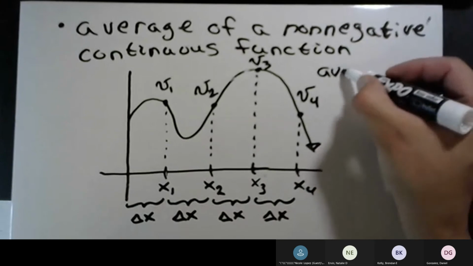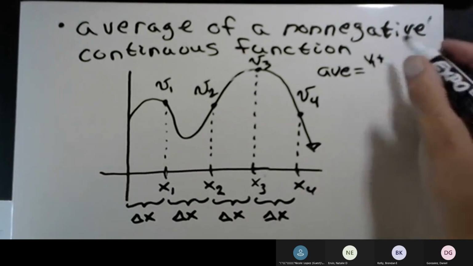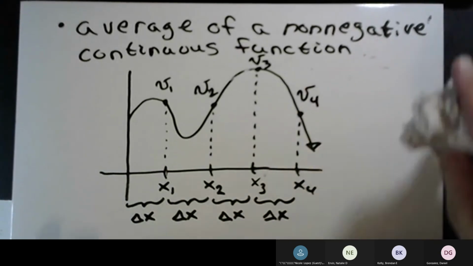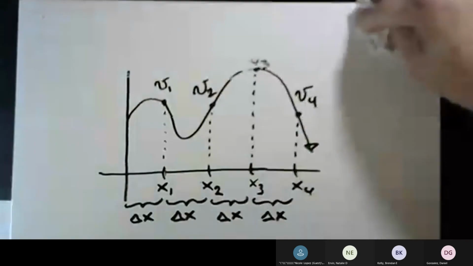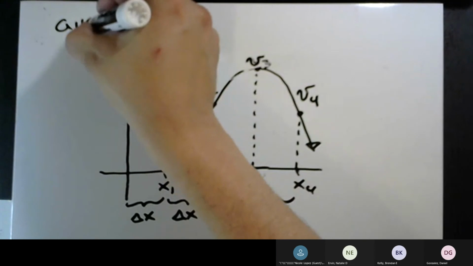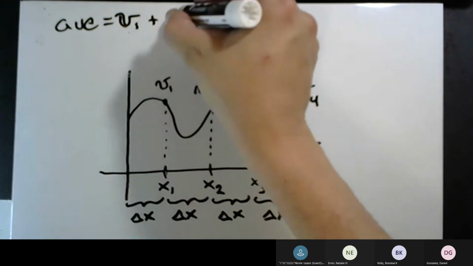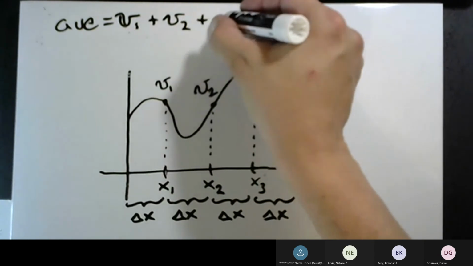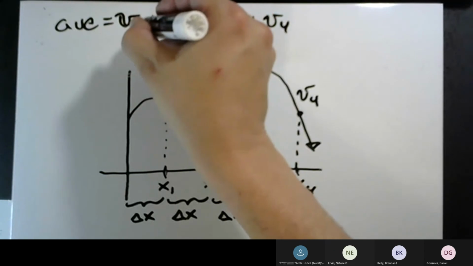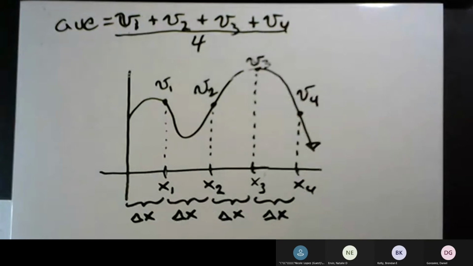So the average will be V1 plus V2 plus V3 plus V4 over 4.